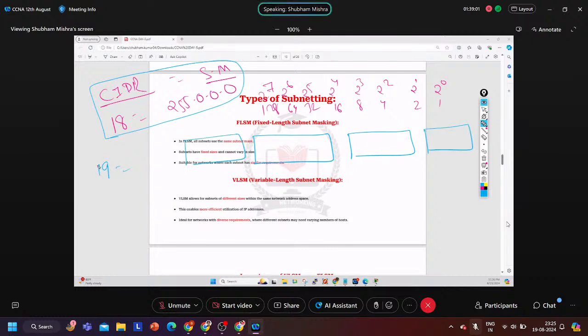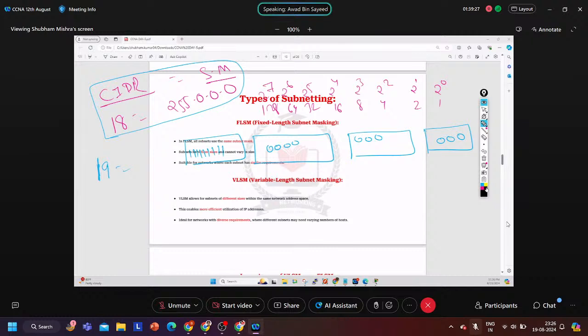Guys, /9 means how many network bits do we have? Total 9 bits. So it means you have to arrange all the 9 bits first. How can we arrange? 1, 2, 3, 4, 5, 6, 7, 8, 9. Rest all are 0. Are you guys agree on it?